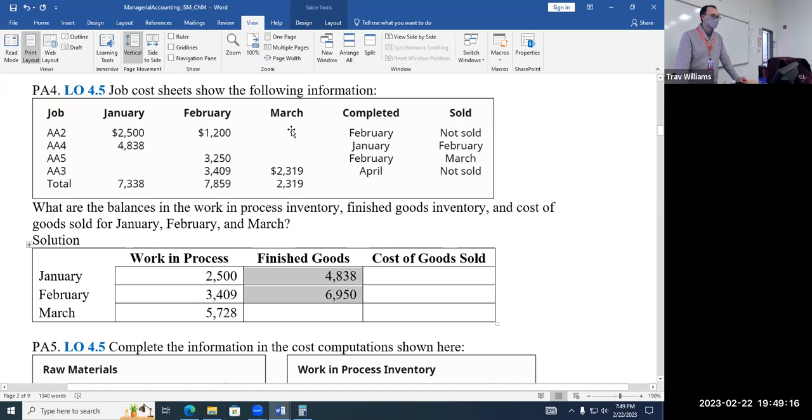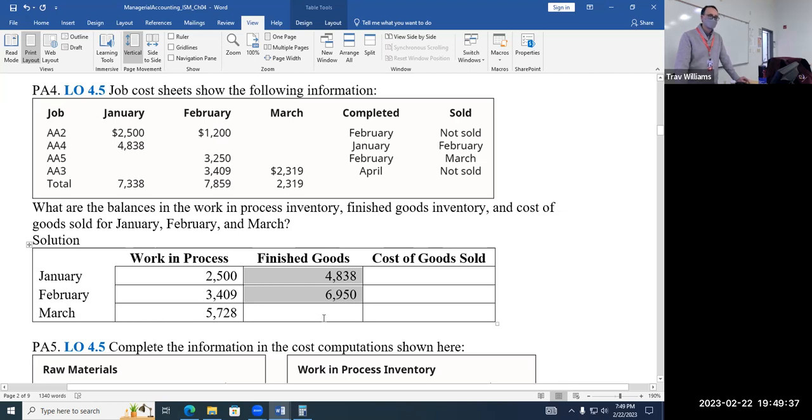So it's still a finished good in March. Yeah. See, we had $2,500 of work in process costs plus another $1,200. So that's $3,700 for that job when it's finished. It's still a finished good in March because it hasn't been sold.